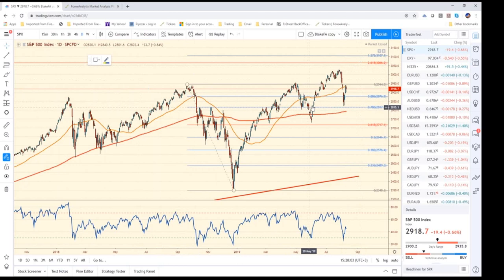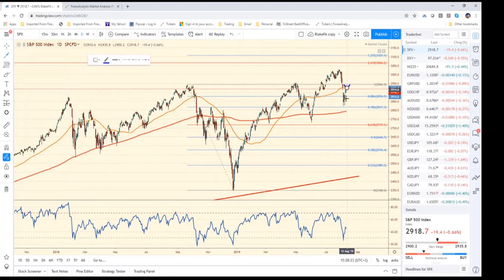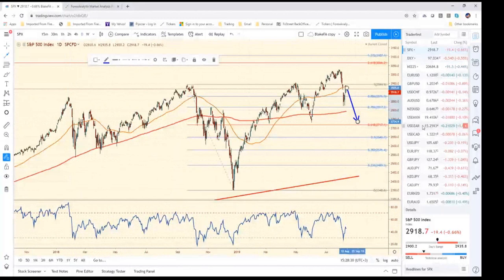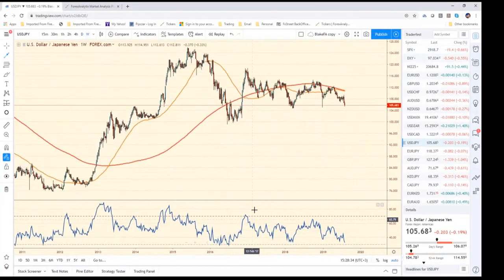But if we have peaked, and let's just say for argument's sake, there is no China-U.S. trade deal, and we have peaked, then we start looking around saying, okay, what are the currency pairs that we could possibly trade if the S&P does indeed start trading lower from here. That's when I start looking at currencies like the dollar yen.